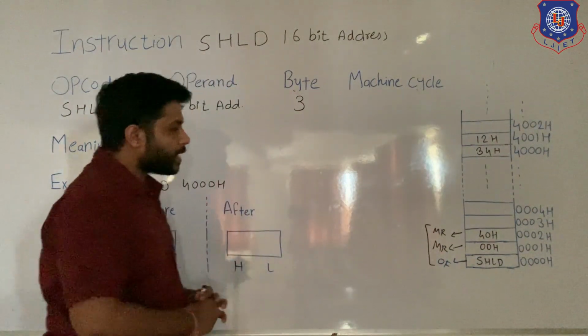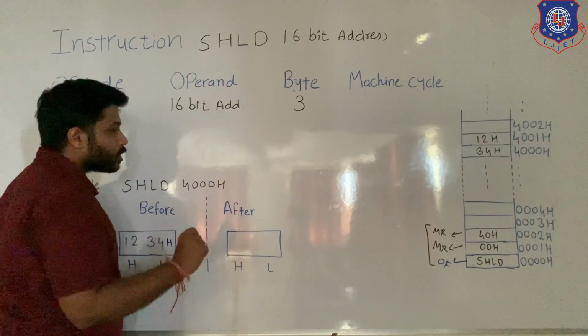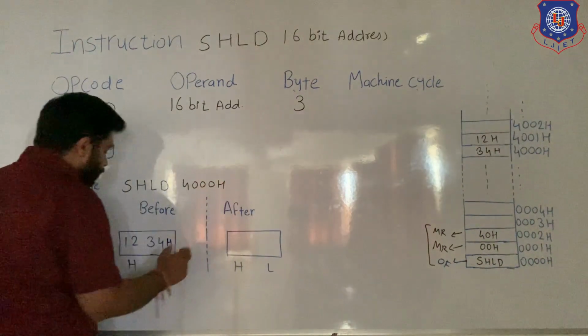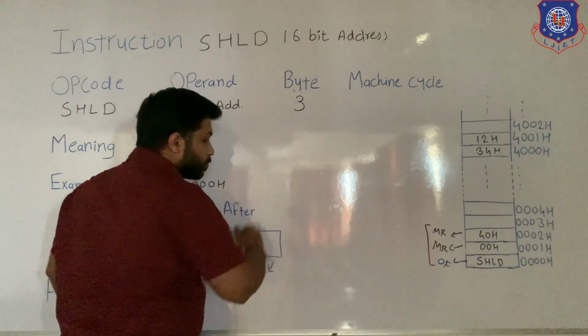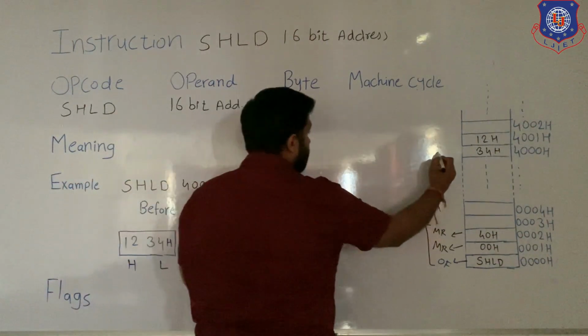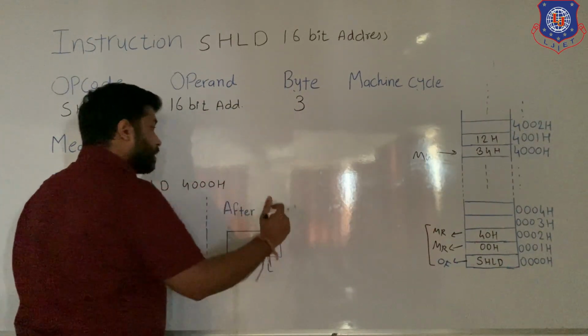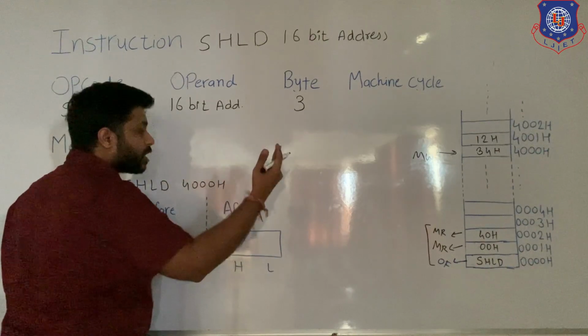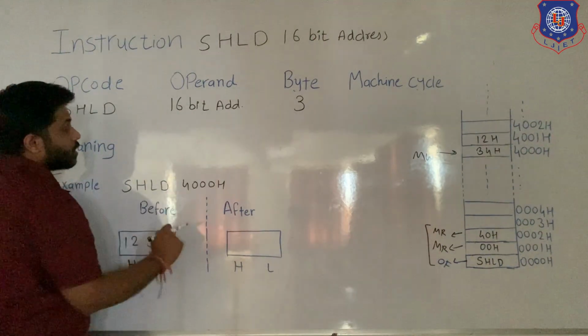Now notice the steps done during the execution. During the execution, the data is transferred from L to memory location 4000H. It means the processor has performed a memory write operation. After that, the memory location will be incremented and data will be transferred from H to 4001H.